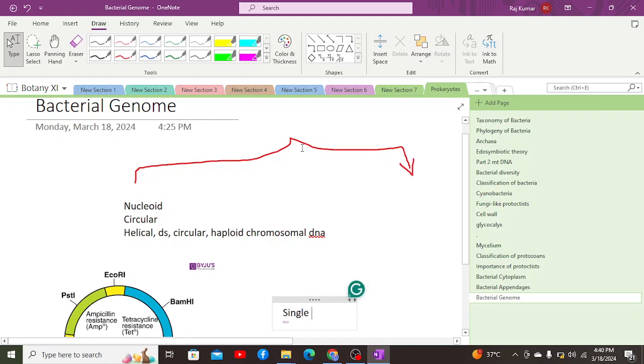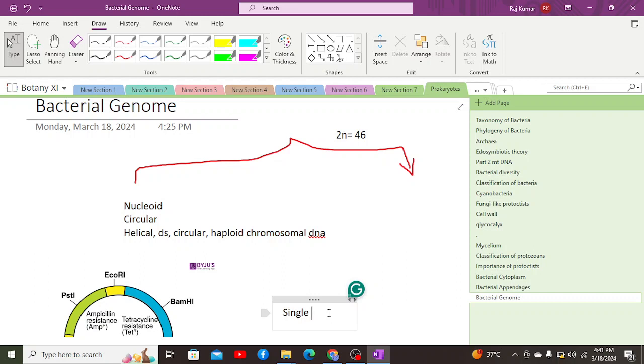In humans we have a double set of chromosomes, which is 2n, equal to 46, right? But when it comes to the bacterial chromosome, there's no diploid structure present.